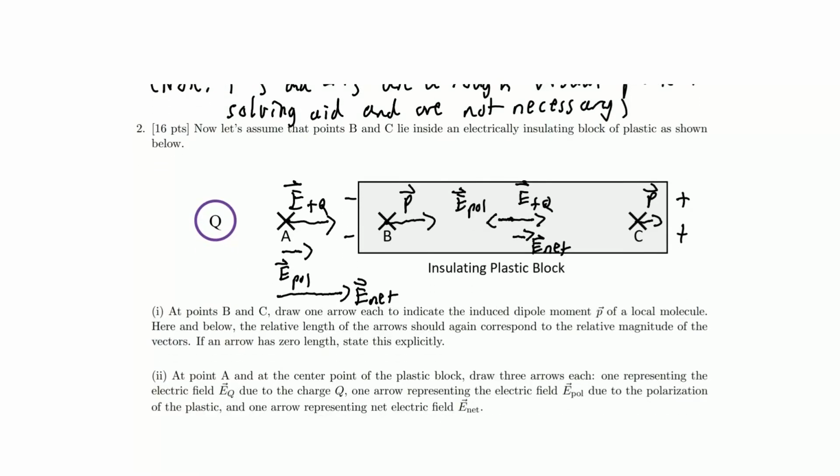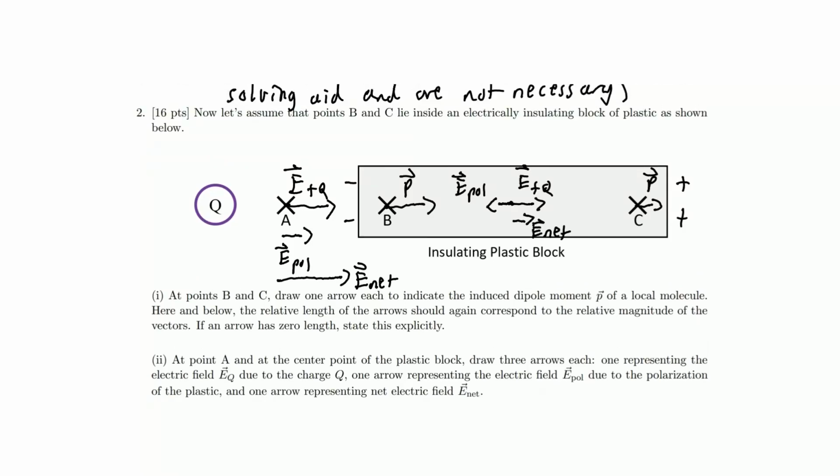And then for the second part, we are looking at points inside of an insulating plastic block rather than a metal. And this means that inside the block, our net electric field cannot be 0.